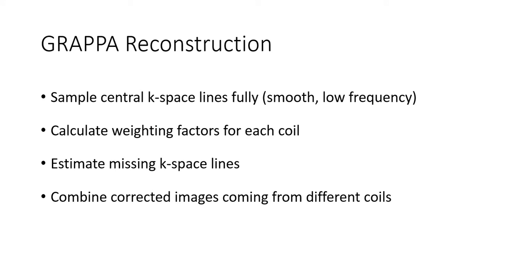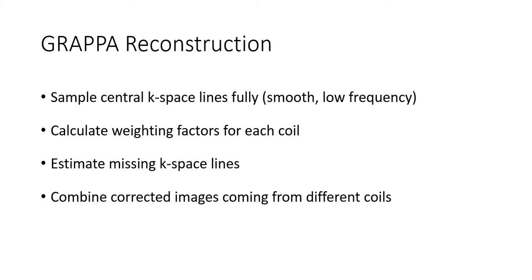Okay, so here we see how we do the reconstruction. How do we go from the aliased images coming from the coils and fully reconstruct the image and combine the images coming from coils? That's the main problem for GRAPPA. This is the main idea. We first sample the central K-space lines fully, and this is very critical.